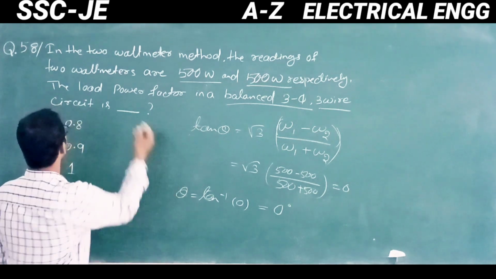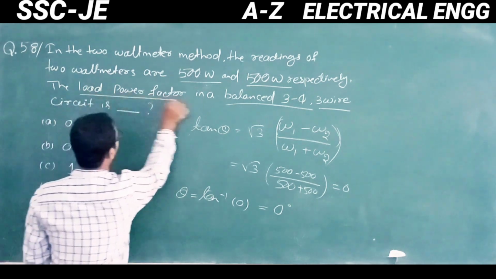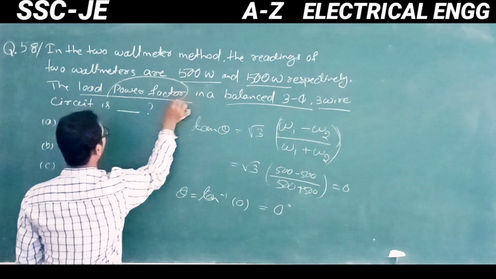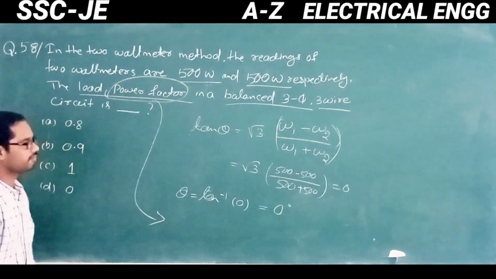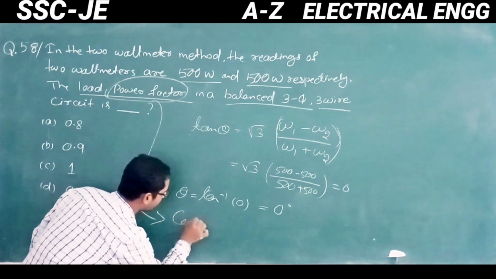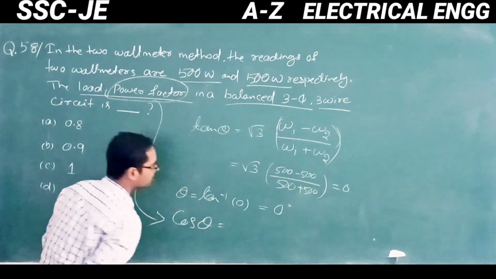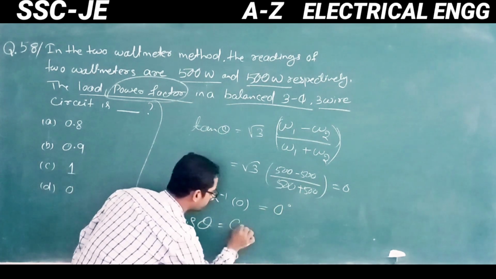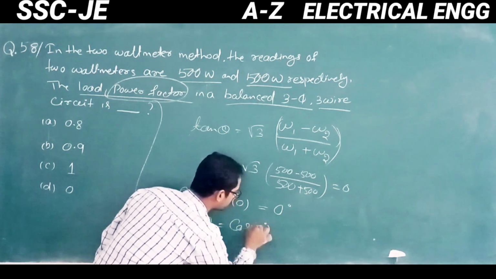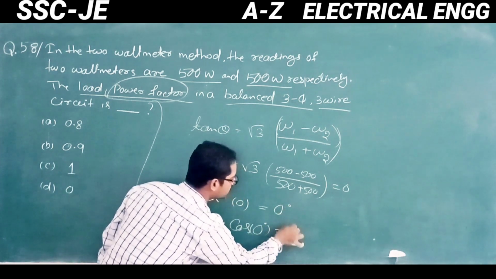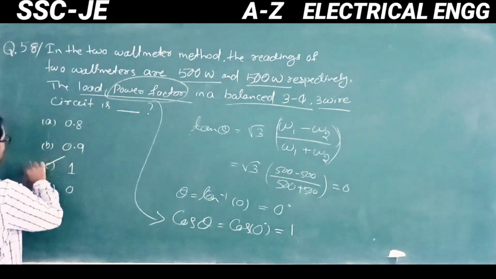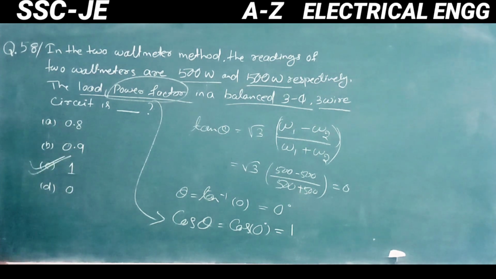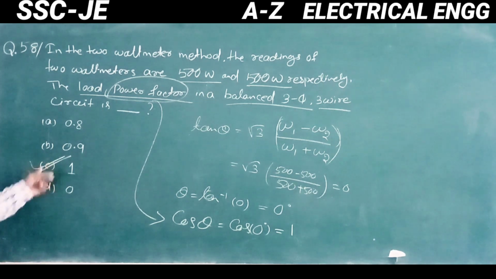So our requirement is to find out the load power factor. So power factor is cos theta, and the angle theta is 0. So it will be cos of 0 degree, and you know that cos 0 is 1. So from these four options, option C is the correct choice. So power factor is 1 here.